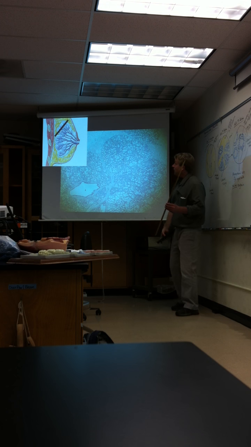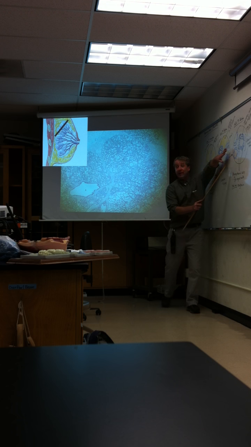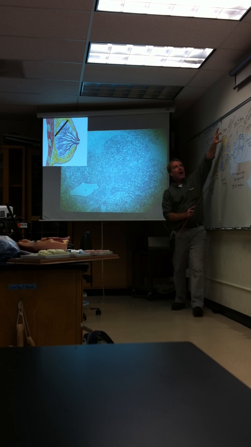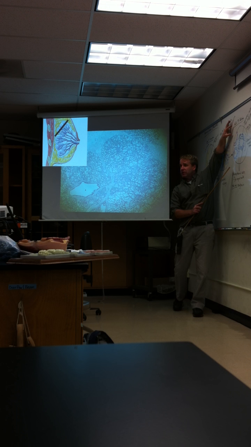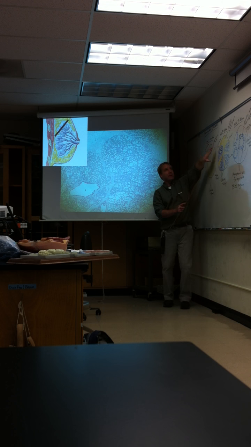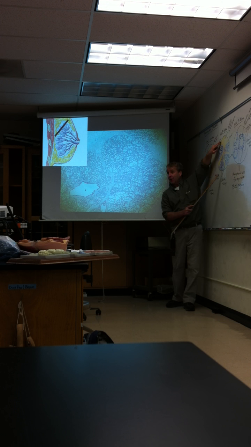And so there's actually three possible slides you could be given. You could be given a low-power inactive mammary gland, a low-power active mammary gland, or a high-power active mammary gland. You have those three circles. The difference between an active mammary gland and an inactive one is that an active mammary gland is one that is producing milk. And so only women that are pregnant or are breastfeeding would have an active mammary gland.